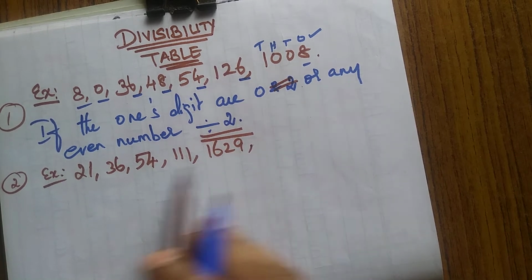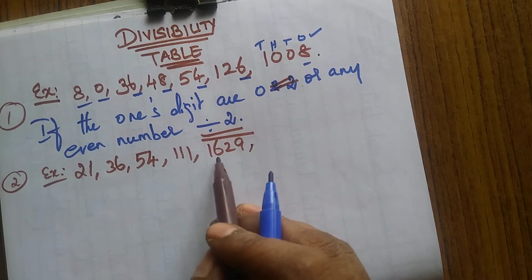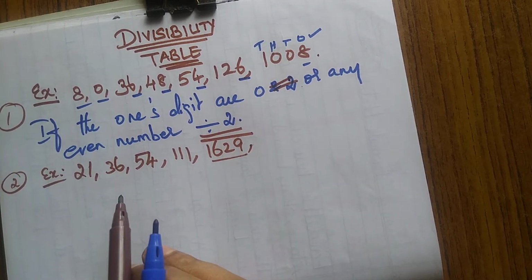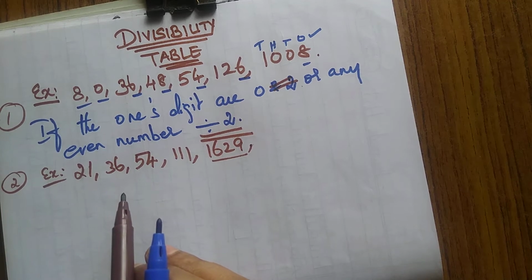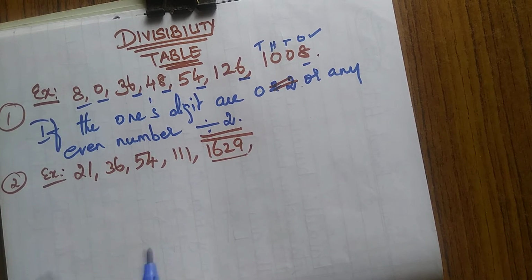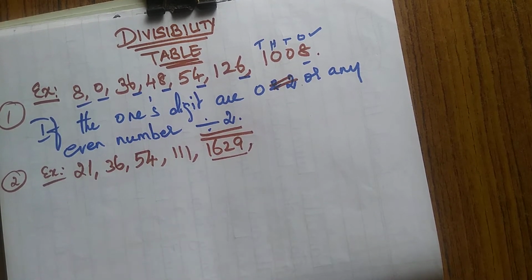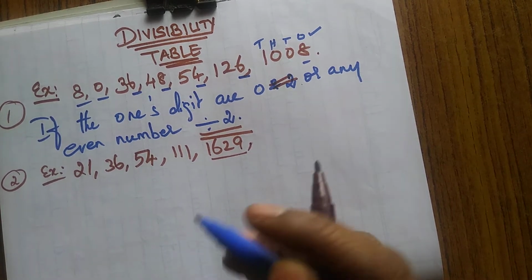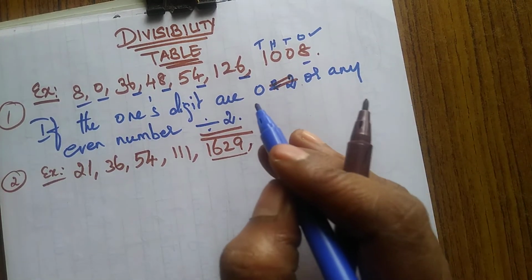If I give you a number and ask whether it is divisible by 3, leaving a remainder of 0, what is the rule? Again, the same kind of rule as for divisibility by 2.